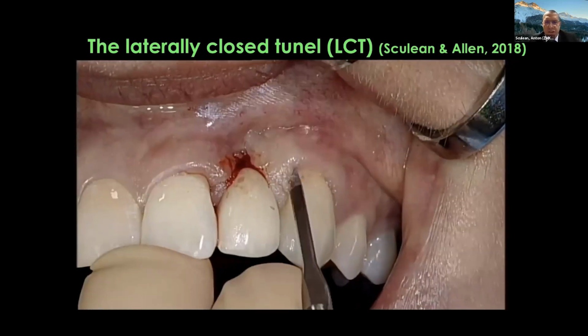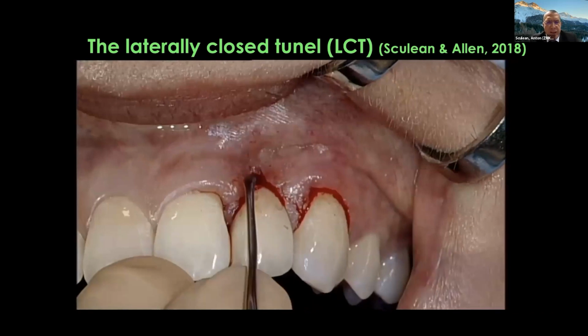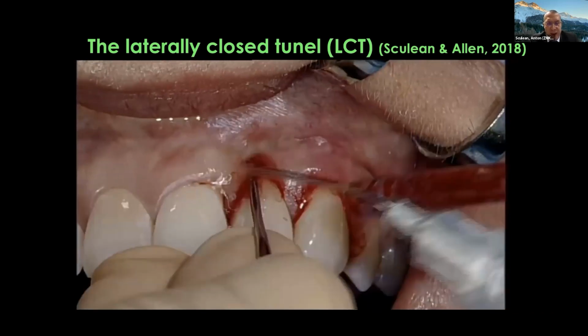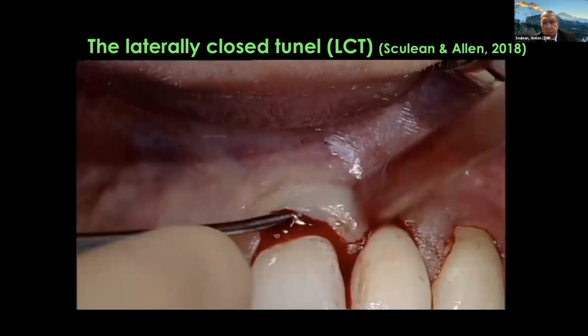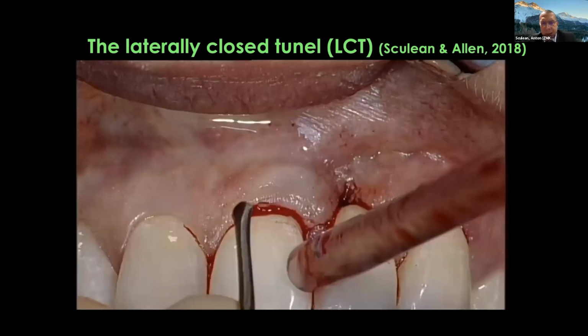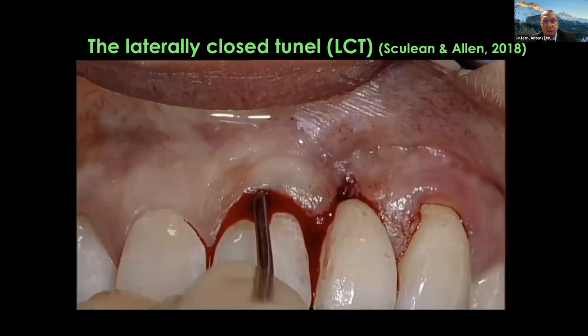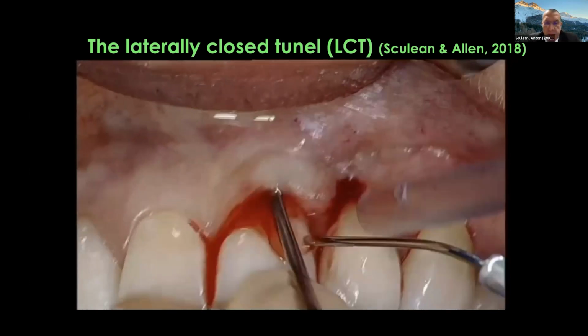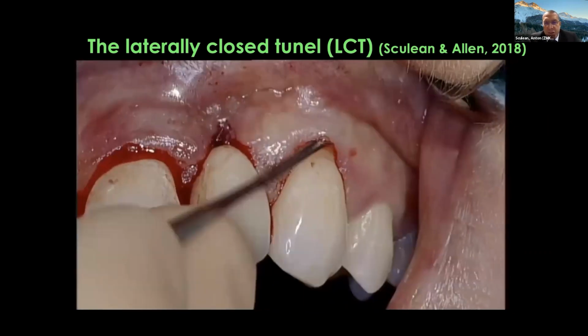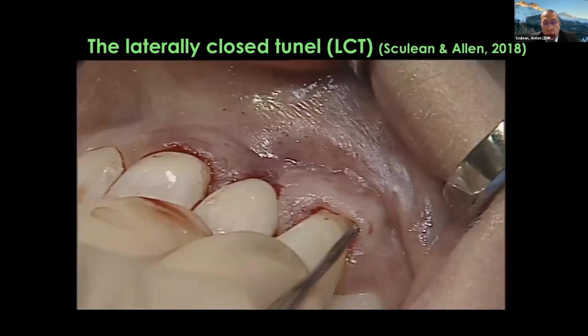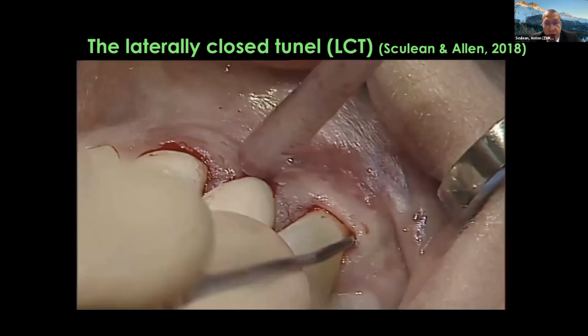So by using these intrasulcular incisions with the microblades, I can reflect and prepare the tunnel, but always make sure that the tunnel is very, very mobile, because during the placement of the implant or after tooth loss, we always have a scar tissue.